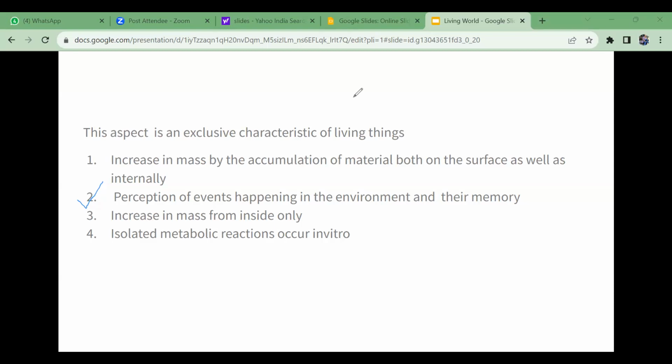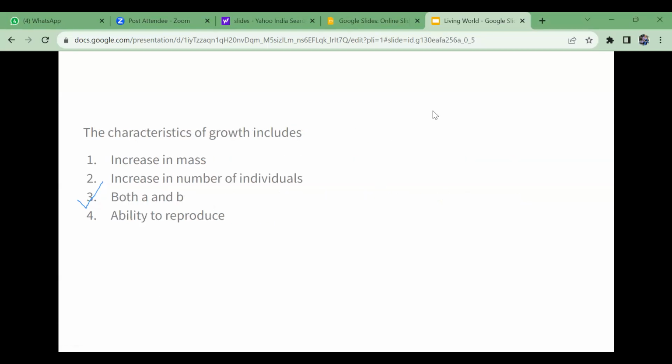Okay, this one, characteristics of growth includes, this is very easy. Yeah, correct.